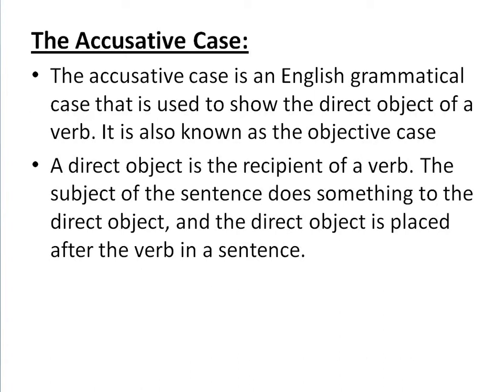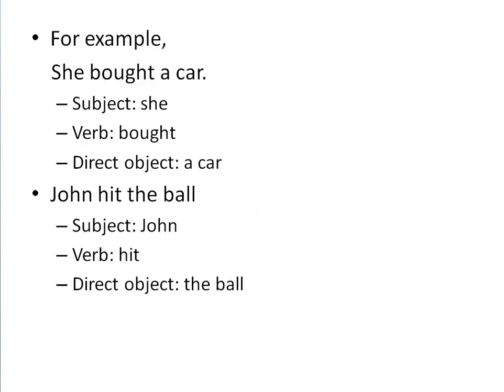A direct object is something you people are well aware of, with the object and subject in a sentence. We have also discussed what is the direct object and what is the indirect object in a sentence. A direct object is the recipient of a verb. The subject of the sentence does something to the direct object, and the direct object is placed after the verb in a sentence.